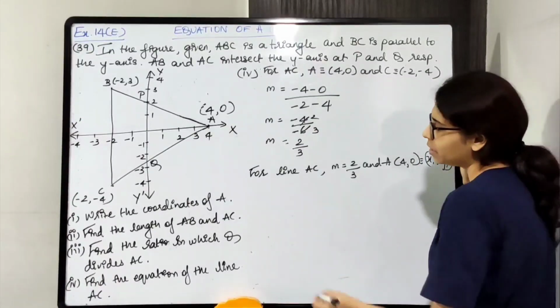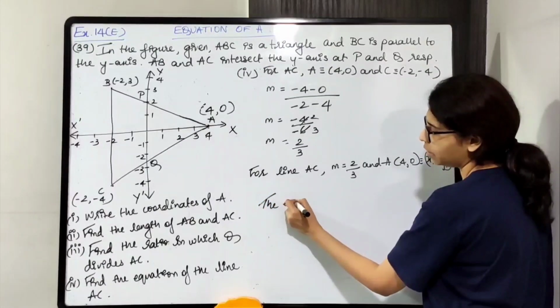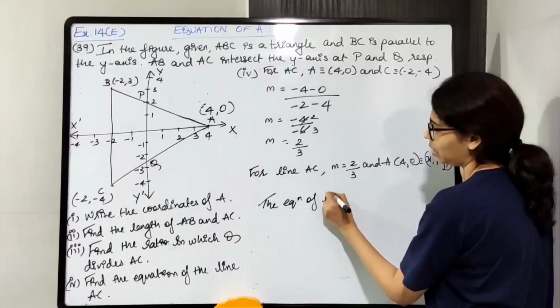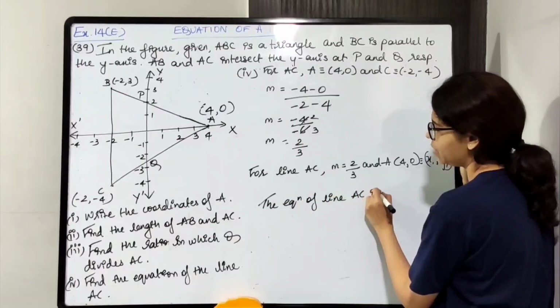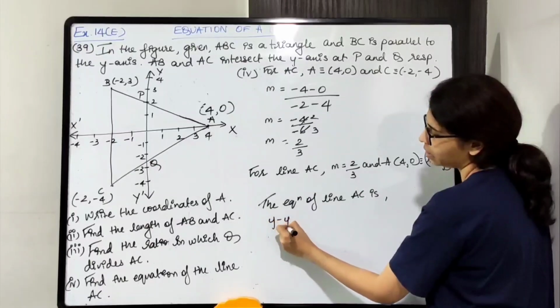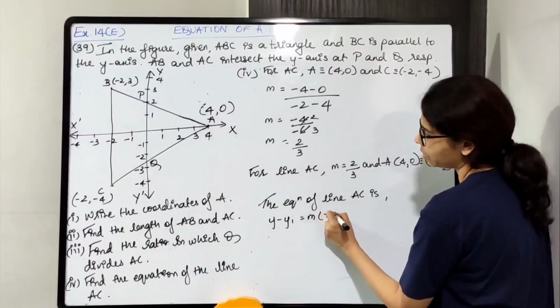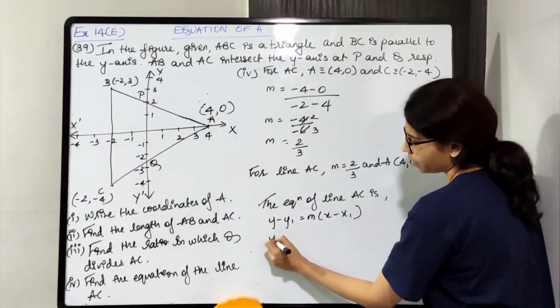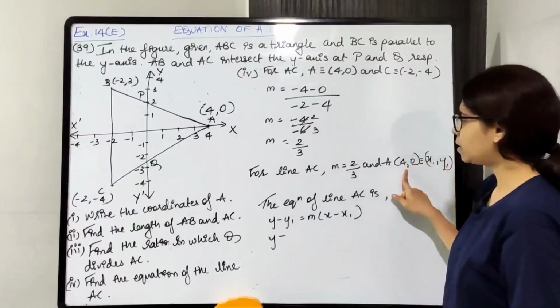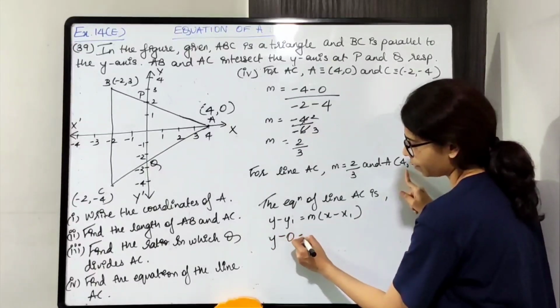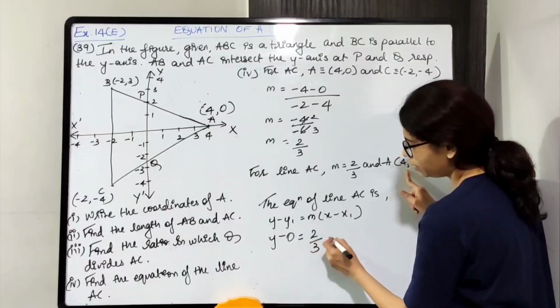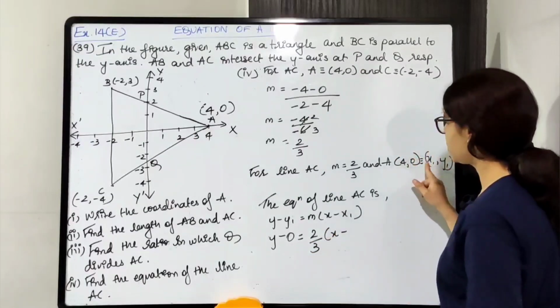So what will be the equation of the line? The equation of line AC is y minus y1 equals to m into x minus x1. Put the values. y1 is 0, m is 2 upon 3, x minus x1 is 4.